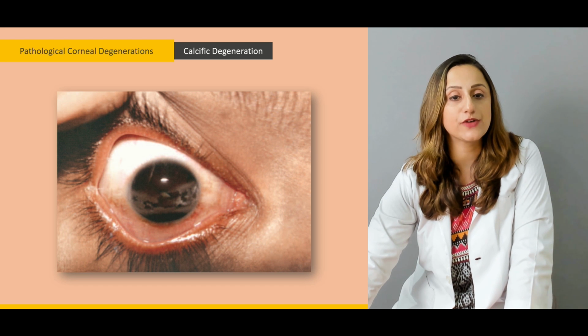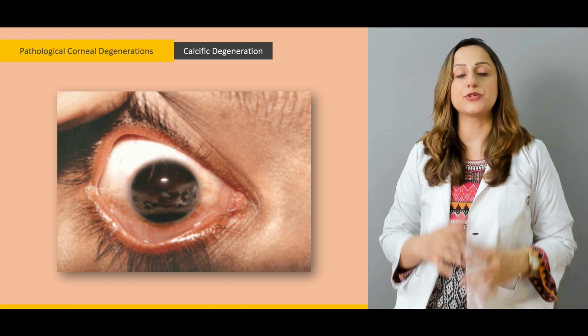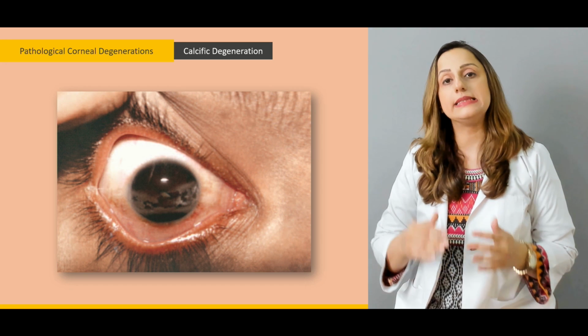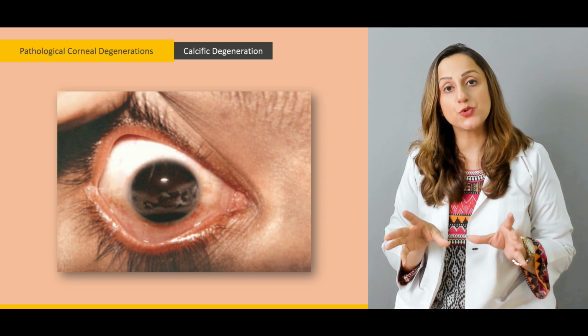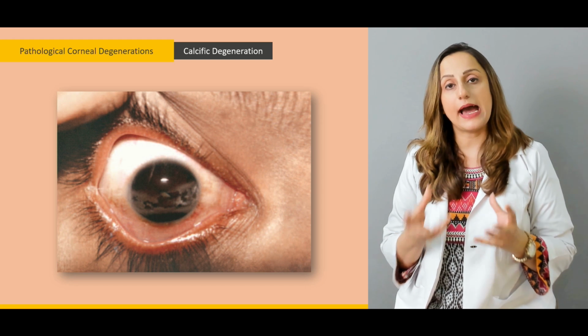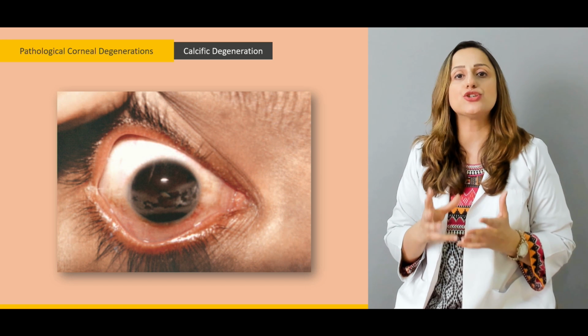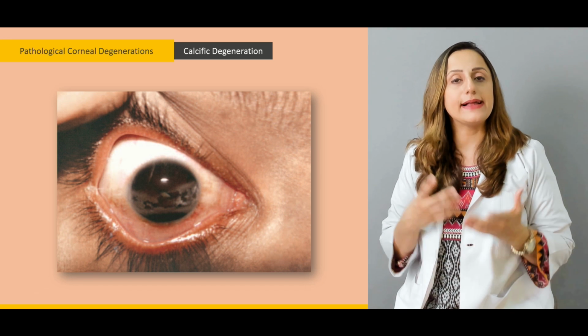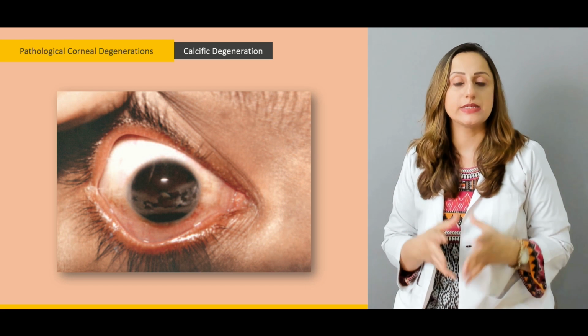This band keratopathy is usually observed in calcific degenerative processes. This process is again taking place at the level of the Bowman's membrane. So you have to note down the level at which these calcium deposits are taking place. Any conditions of hypercalcemia can predispose the patient towards the development of this kind of condition.